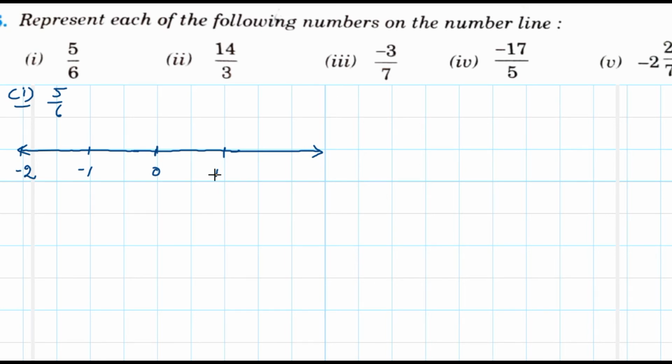Right, so here you have to keep one thing in mind: each point of division represents an integer. Each length between two successive integers is called a unit length. So this length would be called a unit length. Keep it in mind.